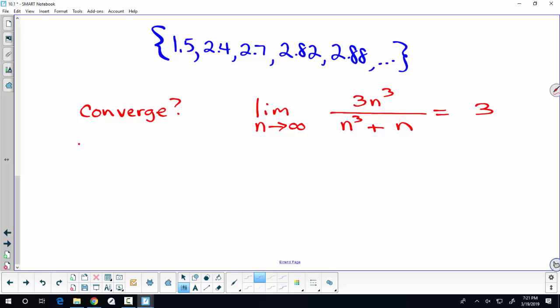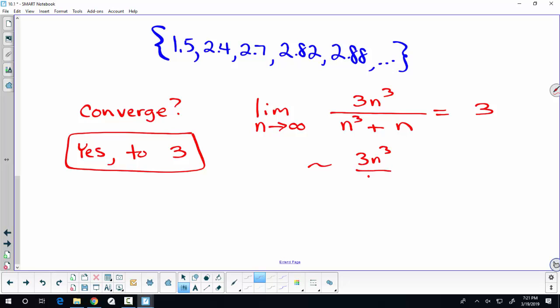A normal limit at infinity will do, that's our justification. How to compute the limit? For large n, this is equivalent to 3n cubed over n cubed, which is equivalent to 3.